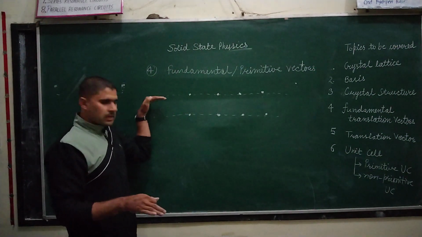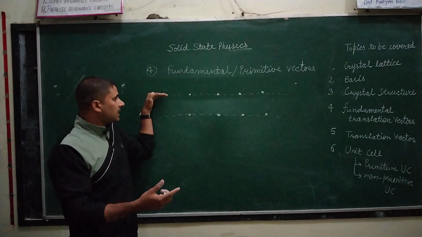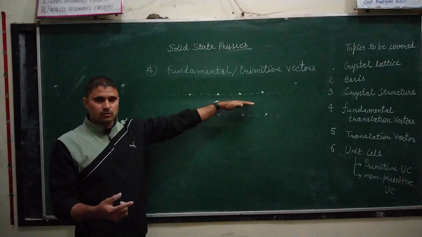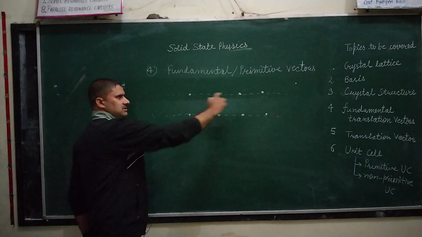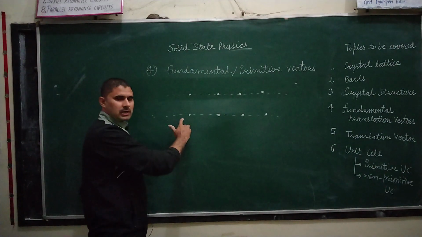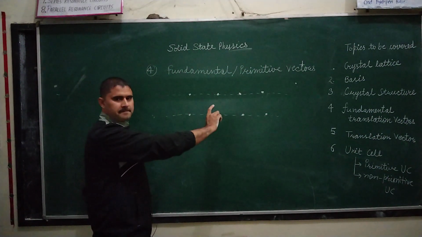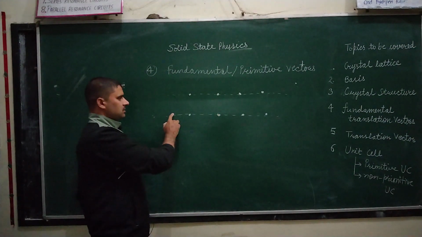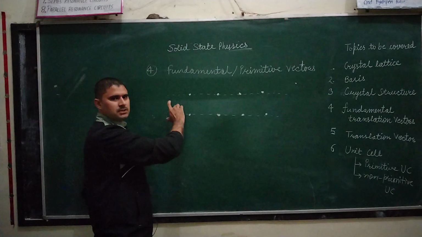Okay, the line and the direction both are different things. Line is a geometrical concept, and direction, if you see, this is the same direction. You can draw infinite number of parallel lines along a direction. So this direction and this direction is same, and the arrangement of particles is same.